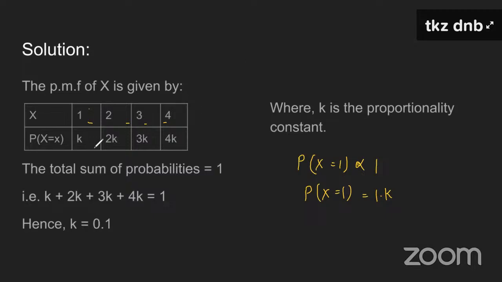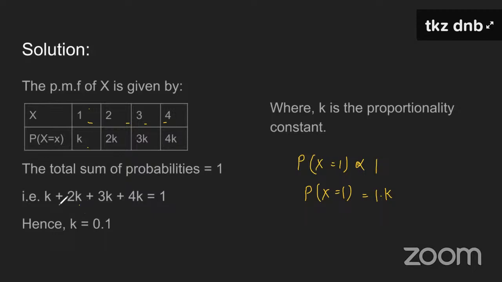Similarly for 2 it is 2k, because it is proportional to 2, as given in the question. So we find the PMF table for the given scenario. We know that the sum of the PMF is always 1, so in this way we can calculate the value of k.